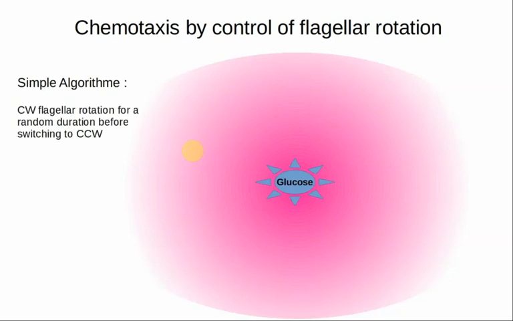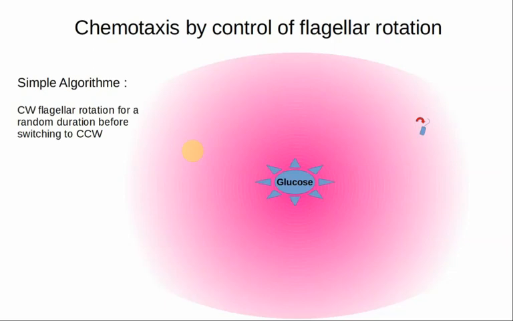So it's going to apply a very, very simple algorithm. Starting out, you've got clockwise flagellar rotation, and that's going to last for a random duration. So for a while, this bacterium is going to spin around randomly until after a while it stops and the flagellar rotation changes orientation.